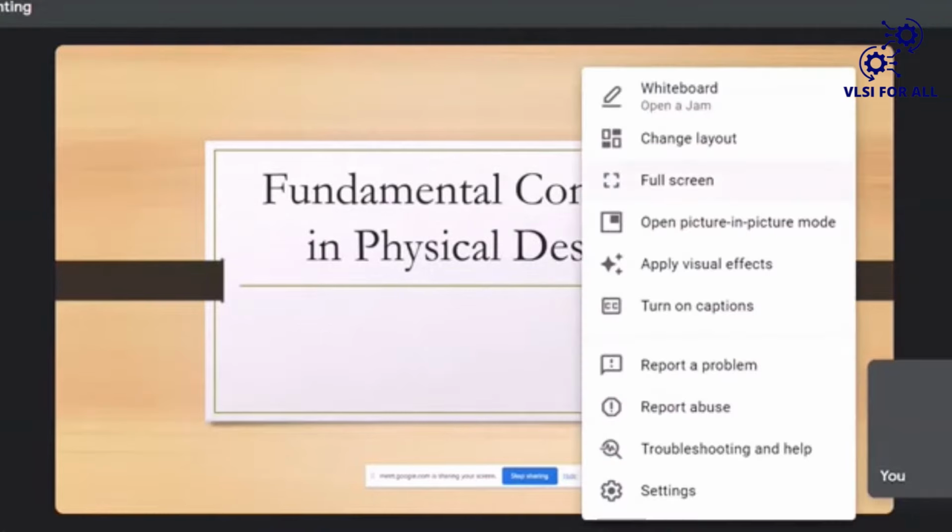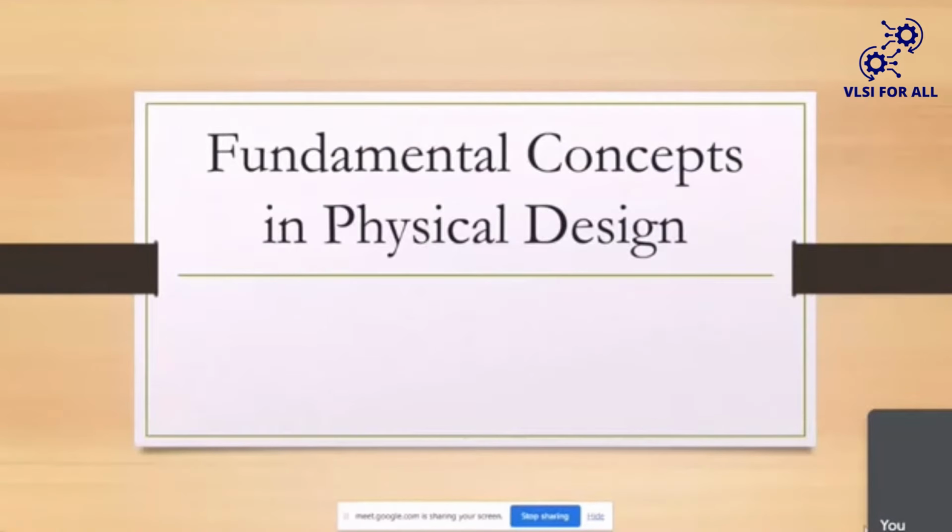Actually, physical design mainly you can divide into three categories: synthesis, PNR, and STA. If you are trained in PNR, physical design, you may be a synthesis engineer, STA engineer, or PNR engineer.